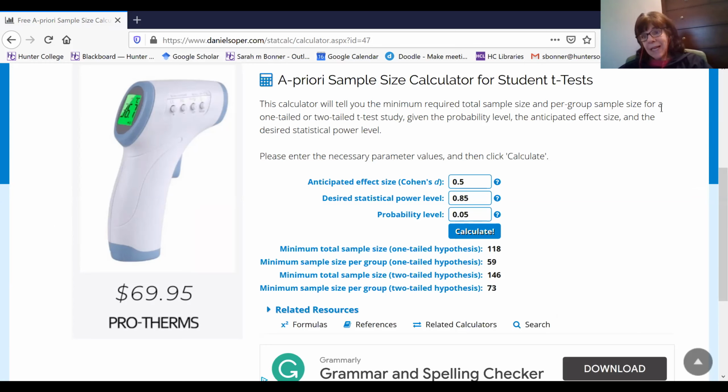So that's kind of his target number. He probably wants to get some more than that because he wants to be sure that he's got as much power, but he wants to get at least to that or close. So if he's only getting 50 people in one semester, he's probably going to want to do it for 2 semesters.